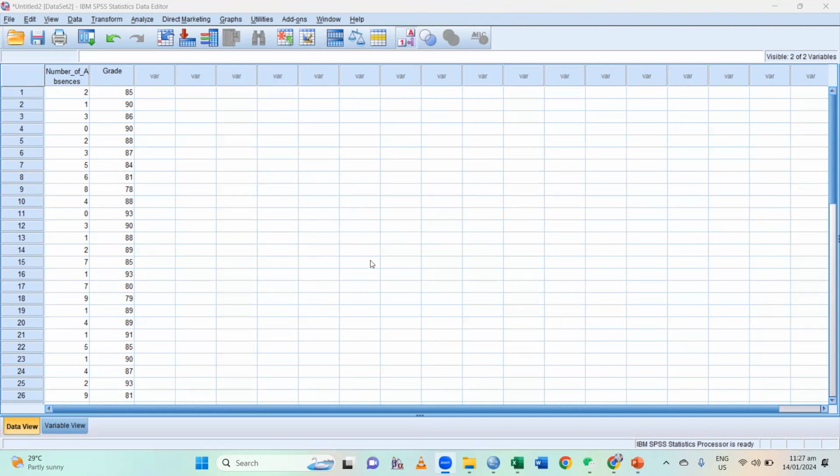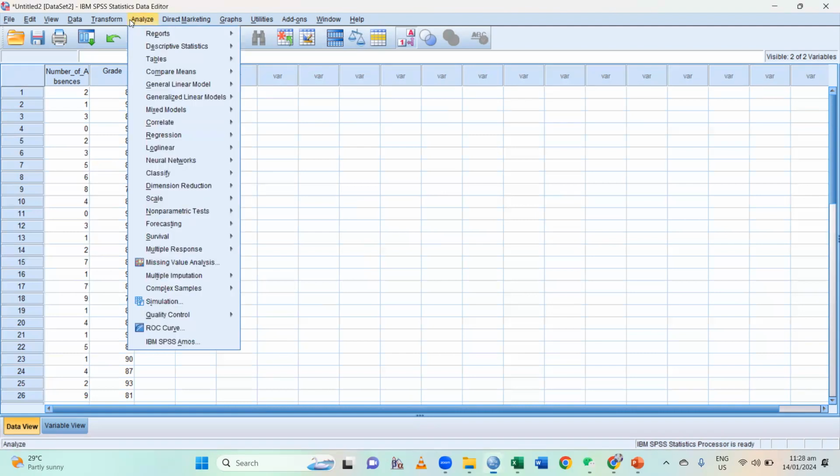What parametric statistical tool can we use to determine relationship? Pearson product. Correct. We will use Pearson's R.